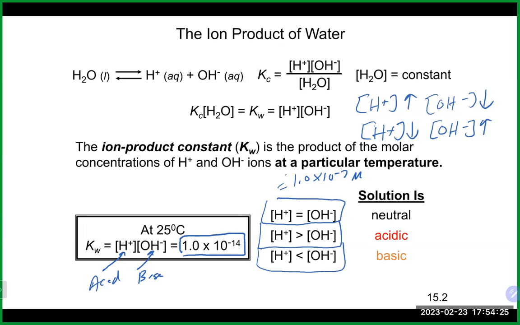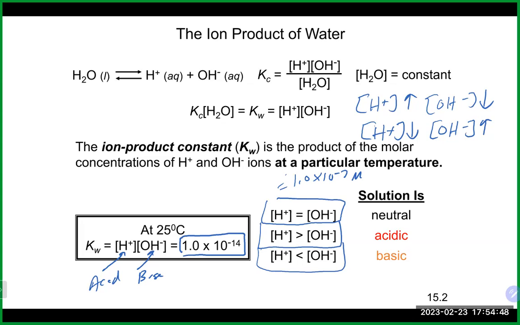So if you need to use Kw, 1 times 10 to the minus 14 is pretty much the number that you use. Sometimes books like to throw in a problem where we're not doing it at 25 degrees Celsius, but at some other temperature. You would technically be using a different value for Kw, and they probably would give it to you somewhere in the problem.